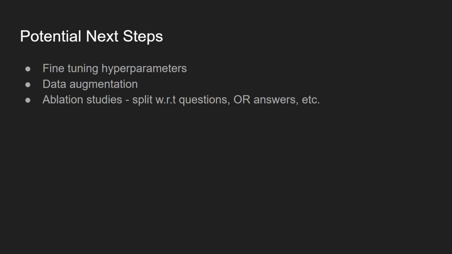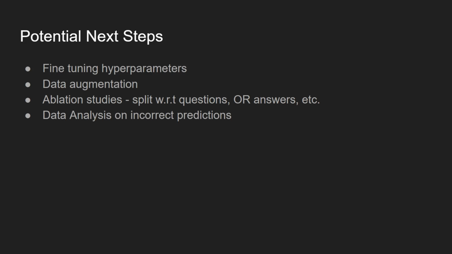However, there's a couple of things that we want to look at to maximize our performance. We want to fine tune hyperparameters such as the learning rate or number of heads and layers in our decoder. We would like to, given enough time, experiment with data augmentation, conduct some ablation studies with respect to the zero shot question split or answer split.